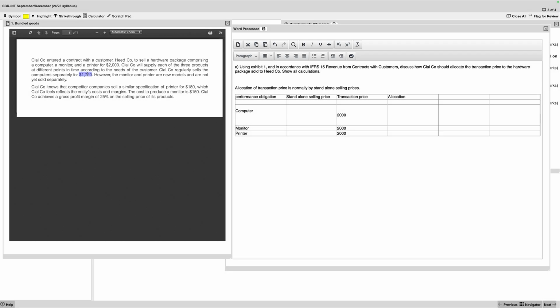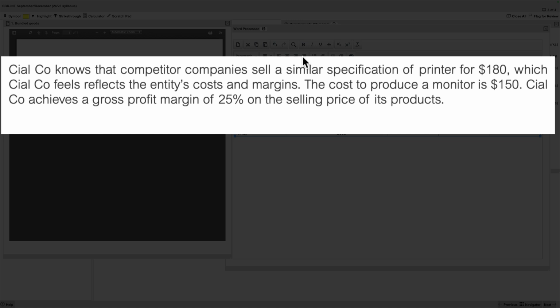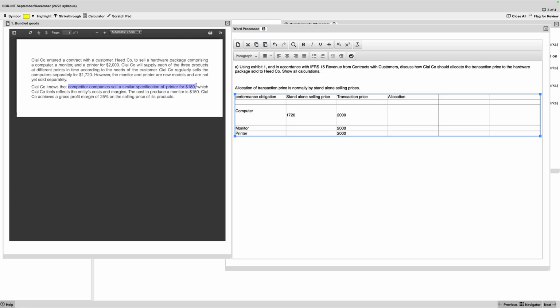So the computer standalone selling price is 1,720. Super. The monitor and the printer, though, are not yet sold separately, so we can't have a standalone selling price. It says the competitor sells a similar printer for 180. So I'm going to have to write something down about that. But the printer 180, so we'll do the discussion later. That seems to be the best we can do.